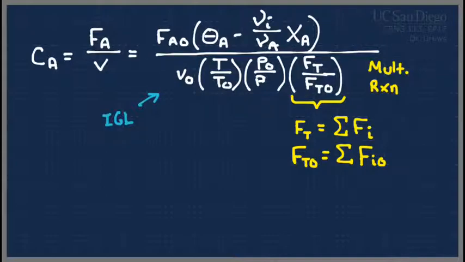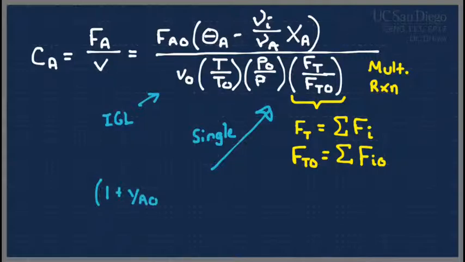If you have a single reaction, then this term goes back to what we had seen for the batch reactor. That term, after you simplify everything, goes back to 1 plus YA naught times delta times XA.